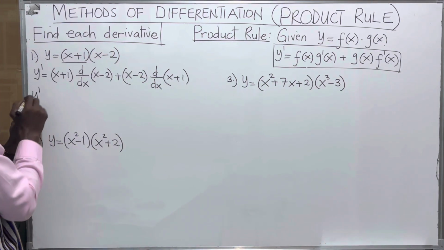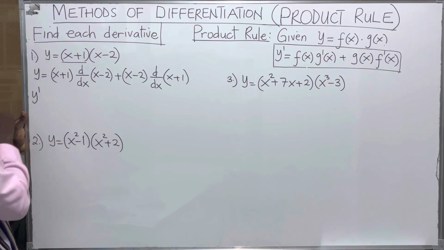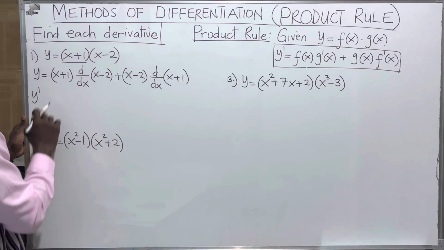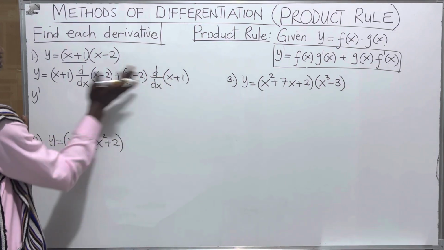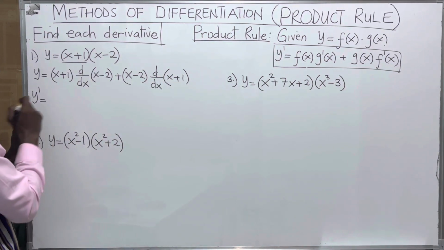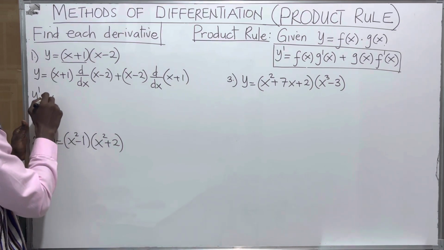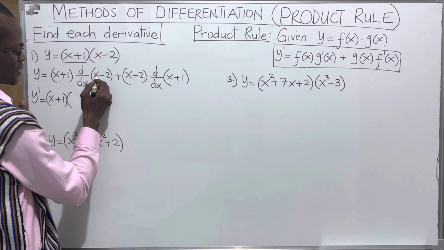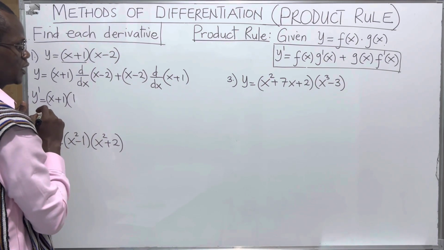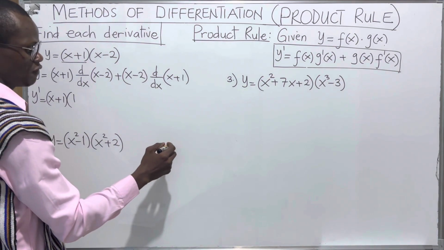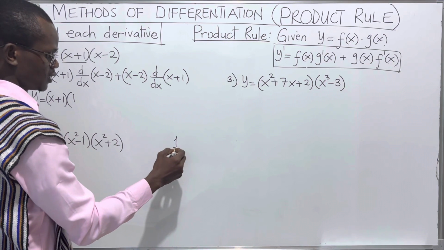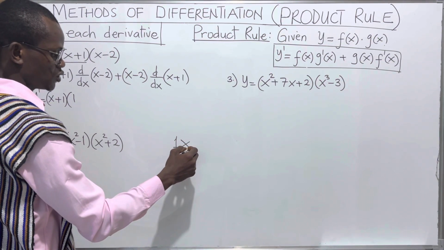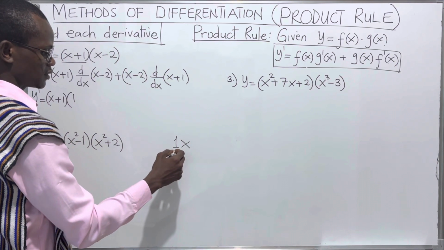So y prime. Let's take this prime from there because we did not differentiate anything yet. We only tell you that we are about to differentiate. So now we differentiate. This x plus 1 times the derivative of x is just 1, because we told you the derivative of a constant times a variable is just equal to that constant.